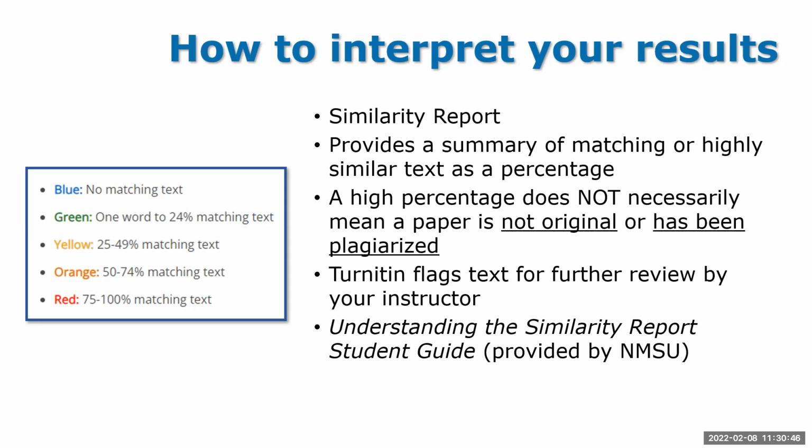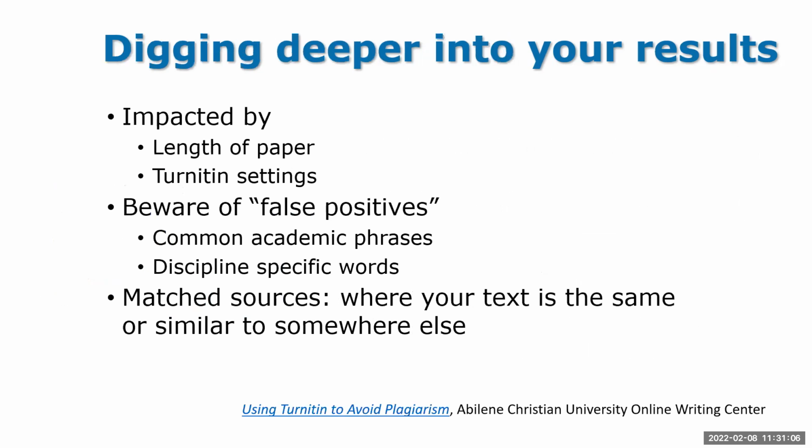And so don't freak out when you possibly get a 63. That doesn't mean that, oh my gosh, I'm going to fail because she's going to think I plagiarized. No, it's a way for you to go back and look, and there could be some really quick things you can do to fix it. And the number goes down.